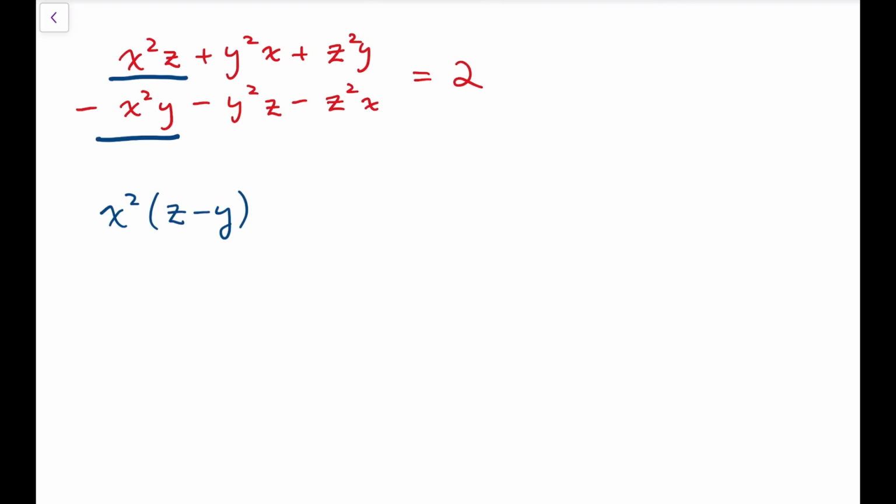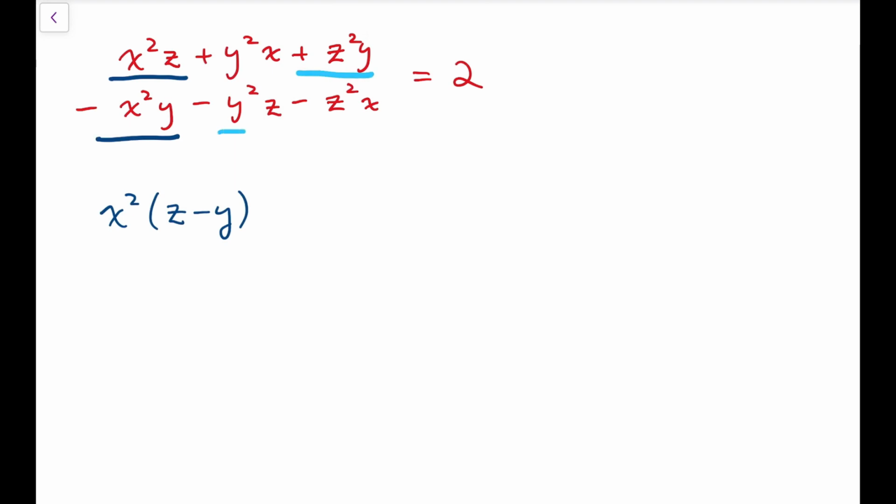To make the factorization feasible, we might want to get some terms together so that after taking the common factor, the things inside the brackets would still be z minus y or something similar, for example, y minus z.